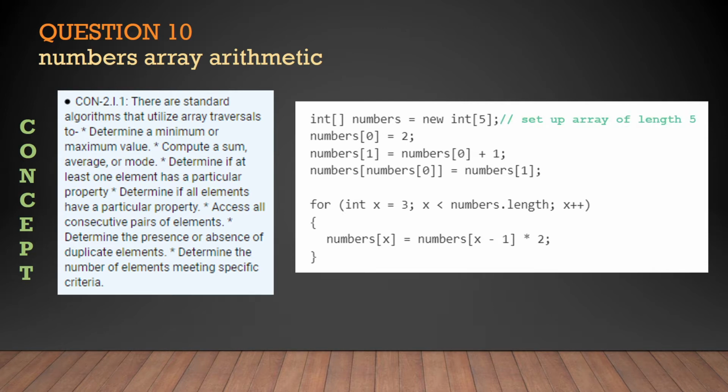So initially we're setting up the array of length 5. We are setting the values in this array. So we take a new array, we set the first value to 2, the second value is going to be 2 plus 1, because numbers 0 is 2.